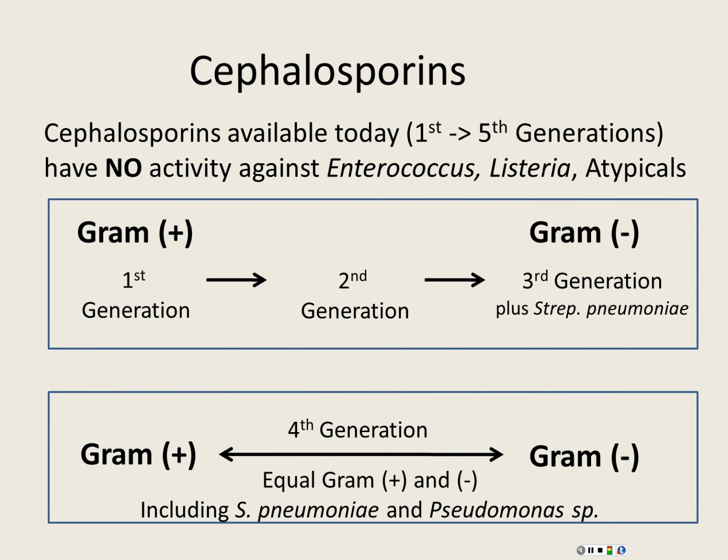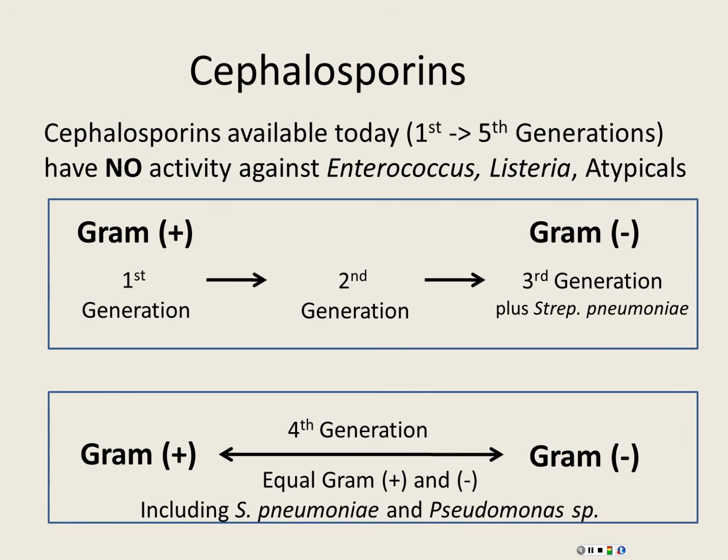As a general rule, we have 5 generations of cephalosporins today, and they have no activity against Enterococcus, Listeria, and the atypicals. Typically, when you're progressing from the first generation to the later generations of cephalosporins, you start with really strong gram-positive activity, and then as you progress through the generations, you gain gram-negative activity.